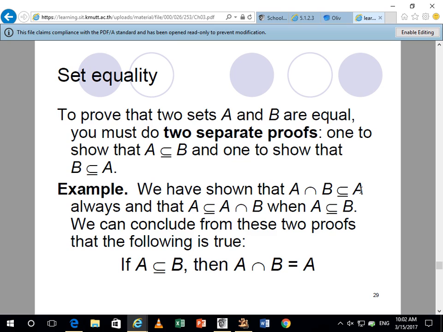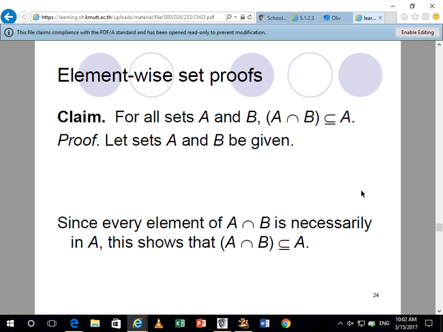We gave two previous examples here. First, for all general sets A and B, we prove that the intersect of A and B is a subset of A. And we went through the proof, right?